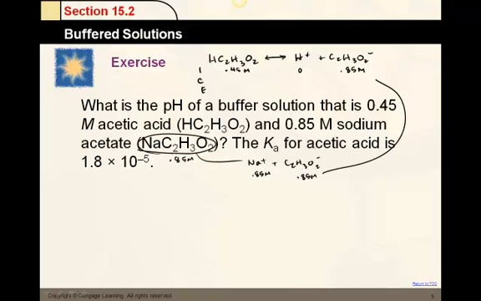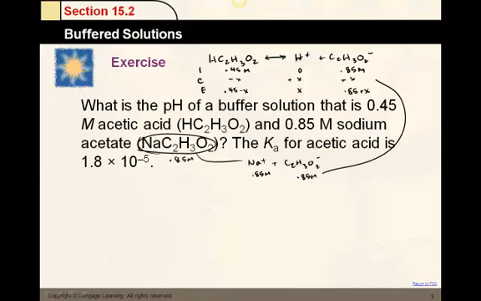All right, we're going to continue on, and we don't know the change, but we know that at equilibrium we have 0.45 minus X of the acetic acid, we have X hydrogen, and we have 0.85 plus X of the acetate ions. All right, how are we going to solve this problem? Well, pretty easily.